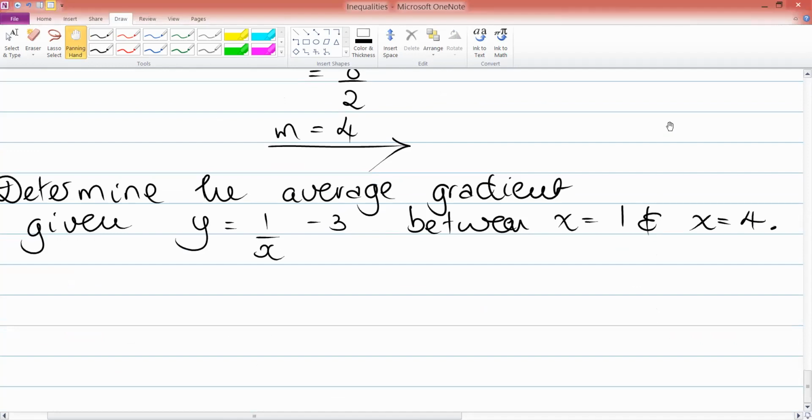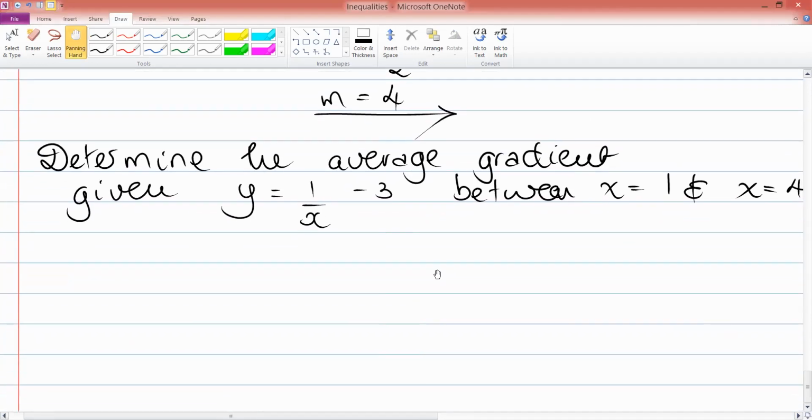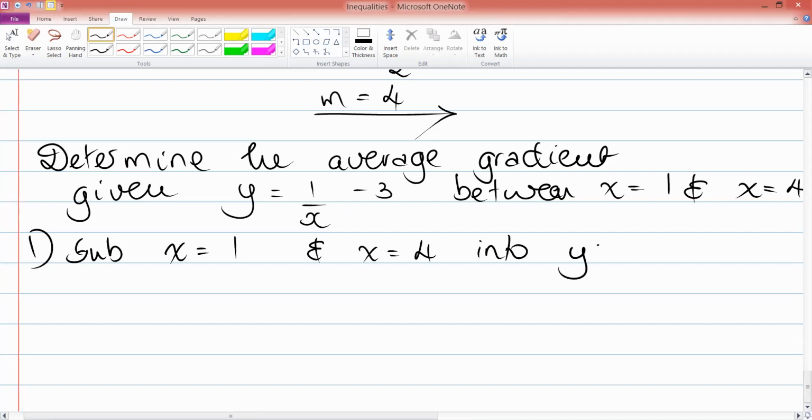Okay, so what's the first thing that I do, right? I'm going to sub the points X is equal to 1 and X is equal to 4 into Y equals 1 over X minus 3. Okay, so what type of graph is this? This is a hyperbola, right?